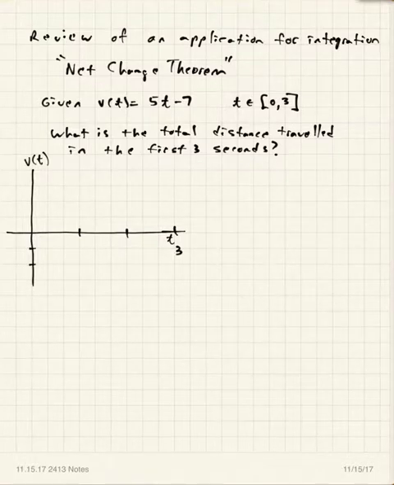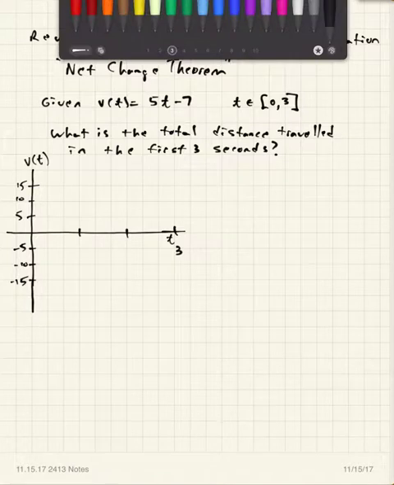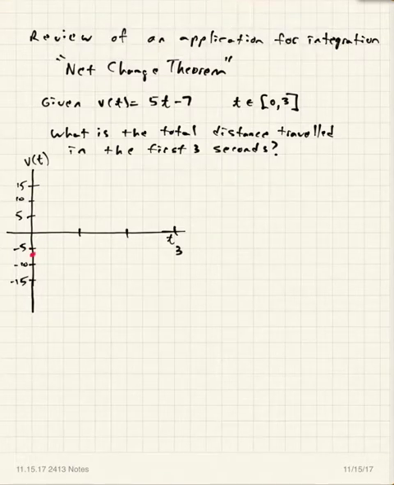And let's say that our scale on the vertical axis goes by, let's say, goes by 5. So -5, -10, -15, like that, and then 5, 10, 15, like that. All right, so at time 0, we know that the velocity graph is at -7, like that.